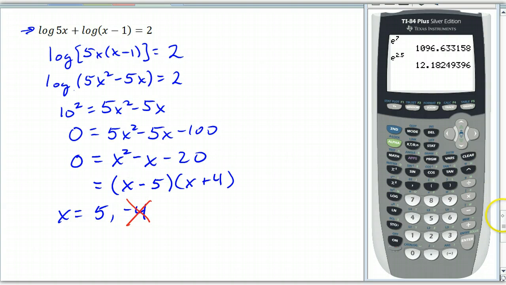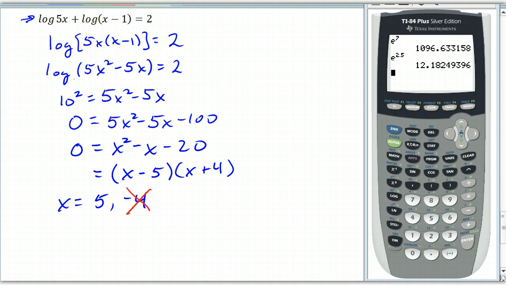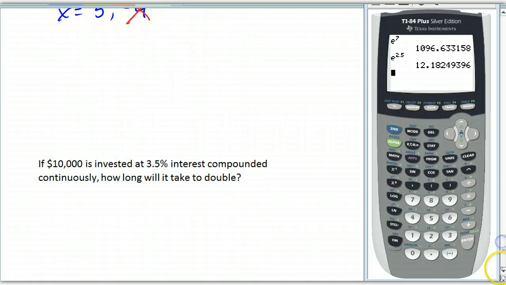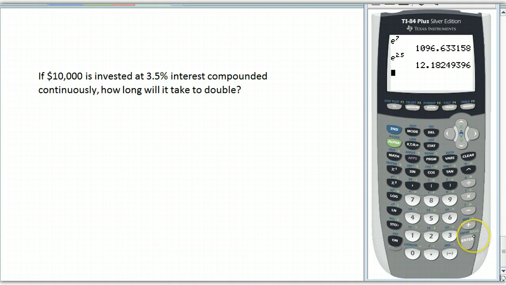Okay, so once we know how to solve exponential and logarithmic equations, that means we can apply them to lots of applications. For example, if $10,000 is invested at 3.5% interest compounded continuously, how long will it take to double? So since we're using continuous compounding, we'll bring in our PERT formula.